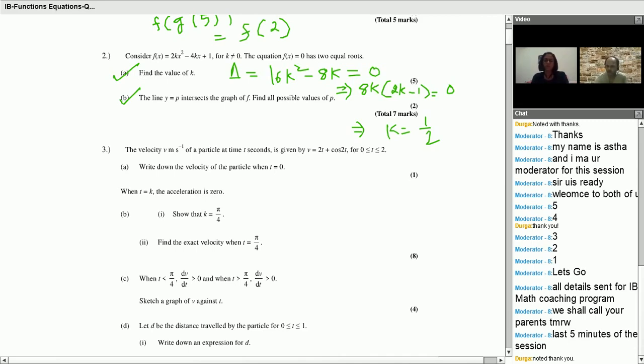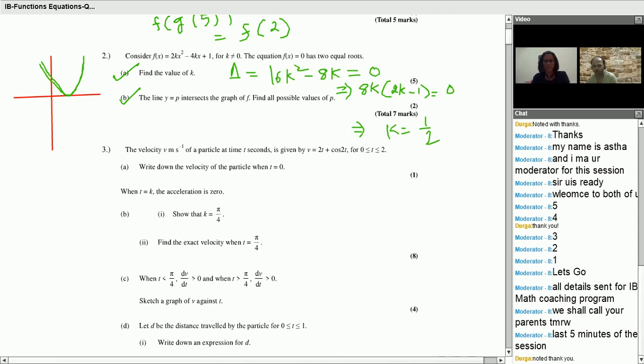First, don't you think k is positive? It means the leading coefficient is positive. The graph would be more or less like this, and you got equal roots for this value of k. So the graph would be roughly like this.